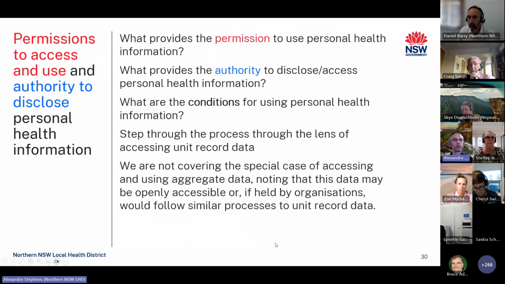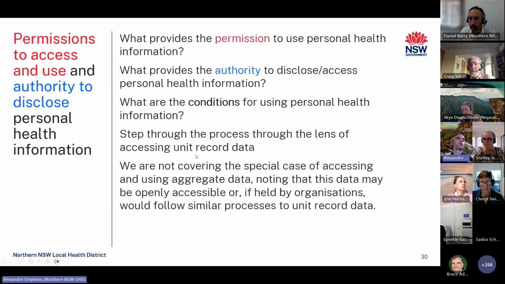What we're going to do for the rest of my section of the talk is focus on two main aspects relating to the permissions to access and use personal health information and also the authority to disclose. Those two concepts are coupled to a certain degree, but they're distinct. So hopefully by the end of this, we'll cover off what provides the permission to use data, what provides the authority to disclose data, and what are the conditions associated with that access and the disclosure.